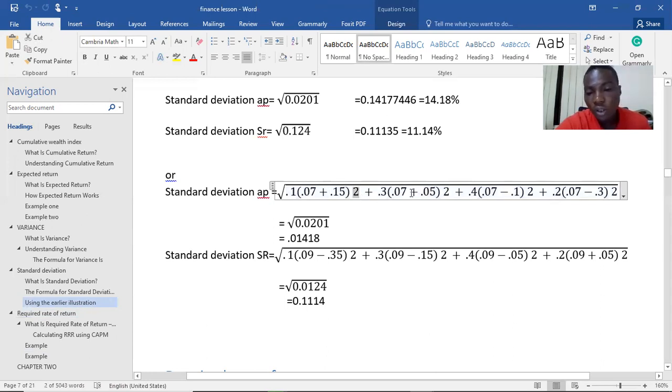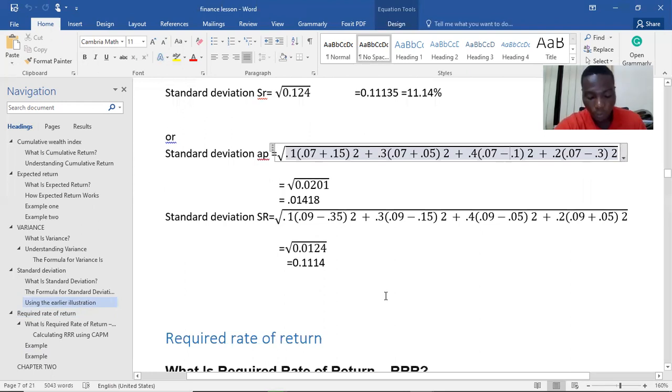Sorry, because I inserted the formula, I cannot raise to the power over here. So these ones are raised to the power 2. But this one here too is also raised to the power 2. Standalone, we don't have anything like covariance inside. So you find variance and then you go your way. So this is how you find the standard deviation for this particular illustration.